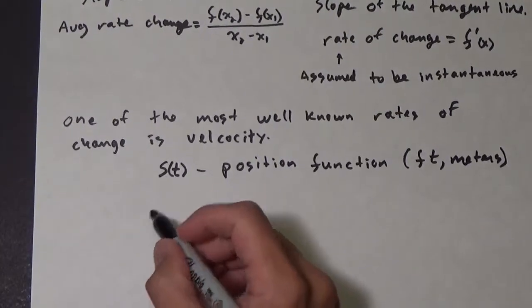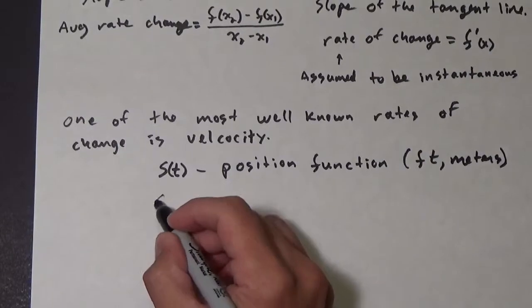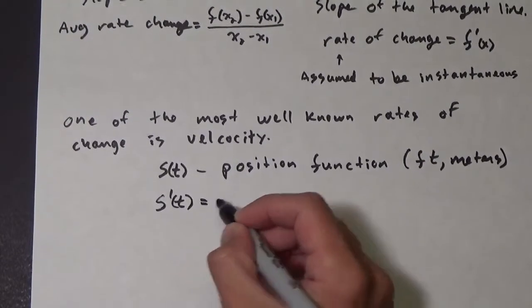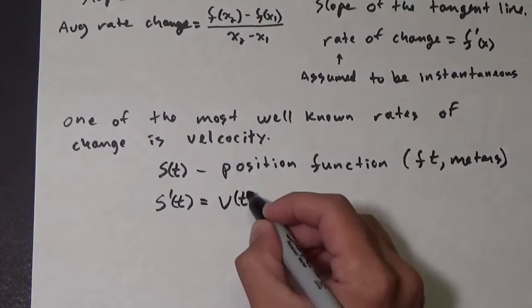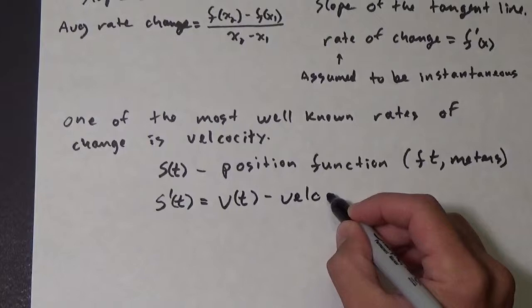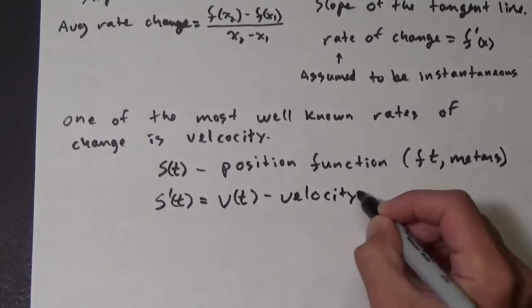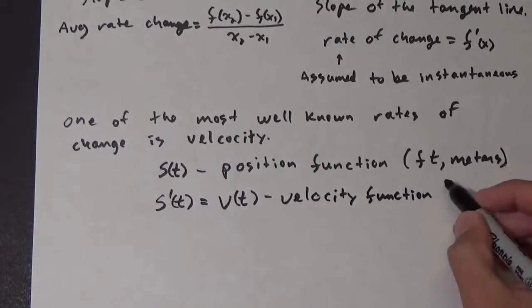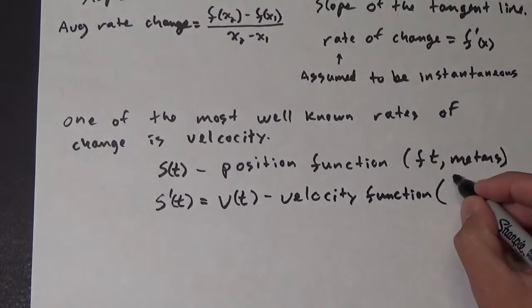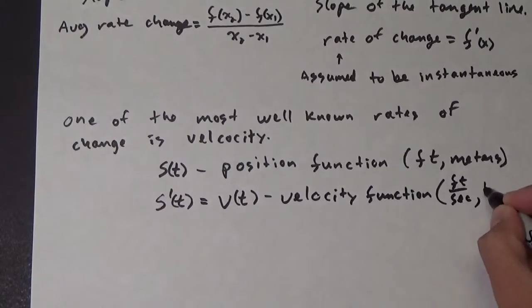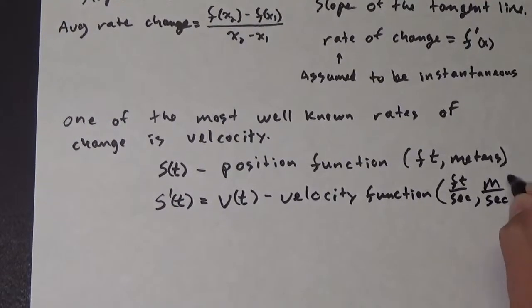And if we were to take the derivative of this position function, that's going to give us our velocity function. The velocity function is going to be in feet per second, meters per second.